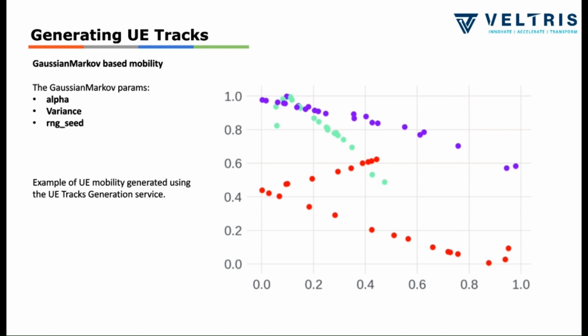We will get totally random values by setting the alpha value to 0, and we will get linear motion if alpha is set to 1. Variance is the randomness variance of the UVs, and RNG seed is the random number generator seed value to be used to generate the UV data. Here on the right hand side there is a graph which is an example of UV mobility generated using the UV tracks generation service for the three particular UVs that we see here.